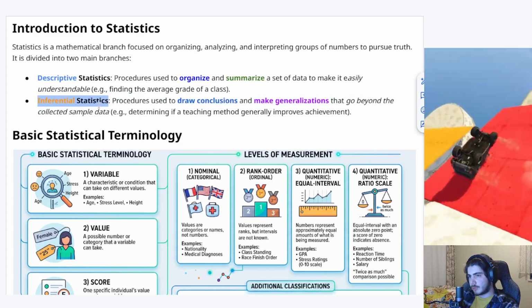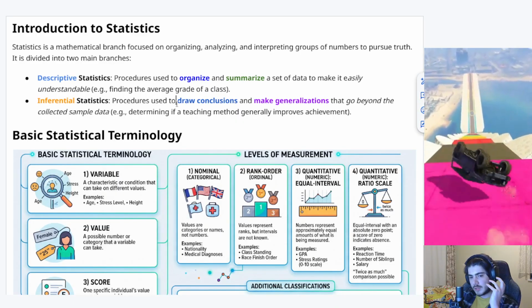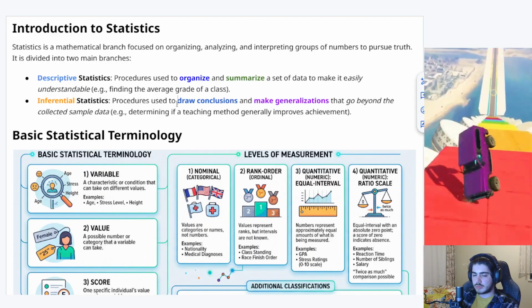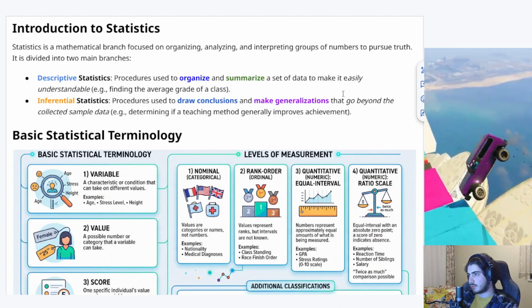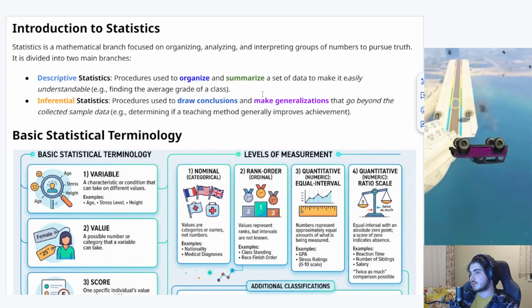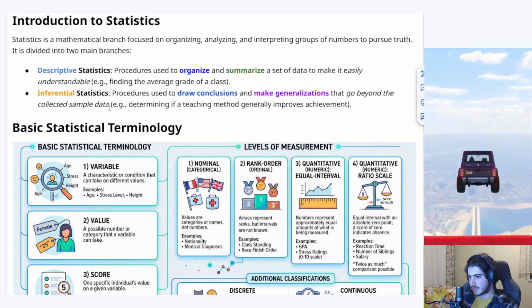That's what inferential statistics is for. You get a bunch of data and then you generalize it to prove a point. Procedures used to draw conclusions and make generalizations that go beyond the collected sample data.